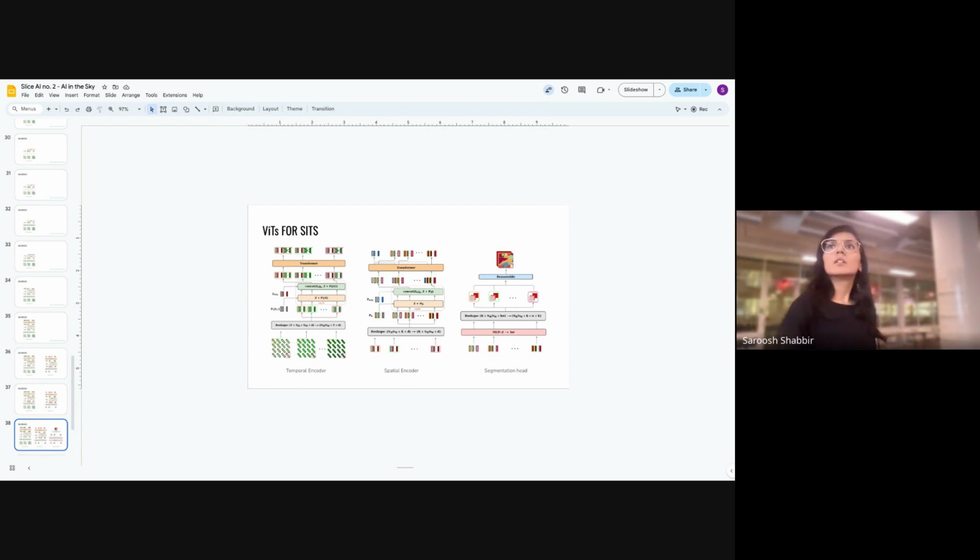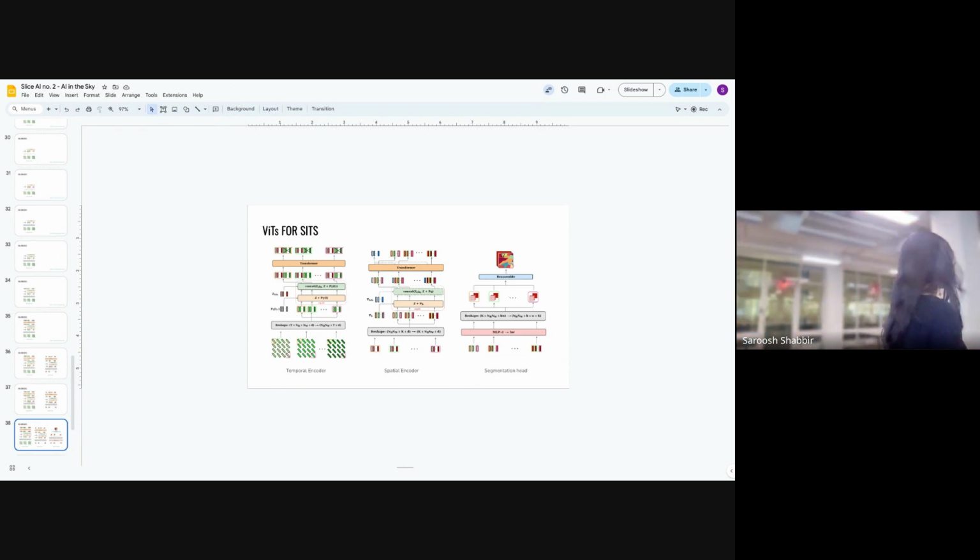For PASTIS, 24 by 24 patches, I think it's the same. But I don't know the theoretical lower limit. It also depends, of course, on the satellites, which have different resolutions.